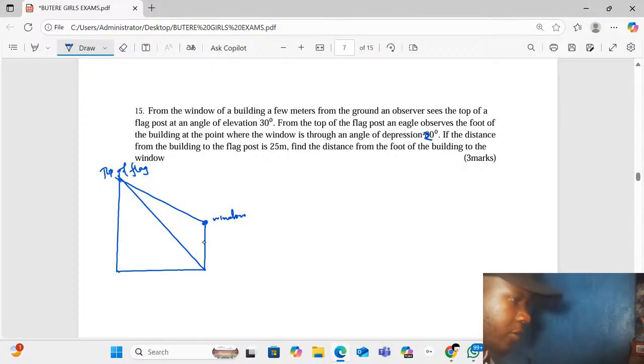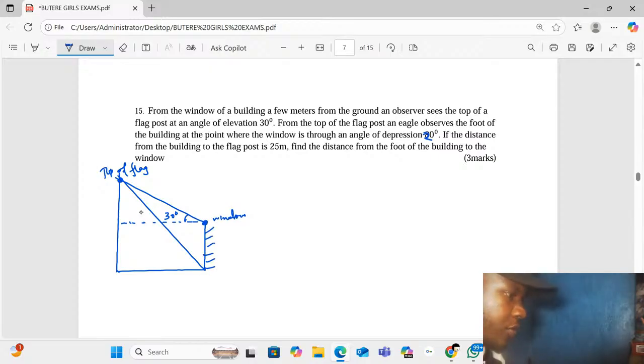Now, while here at the window, this person can see the angle of elevation. You can have the angle of elevation to be 30. So we have 30 degrees here. Then an eagle, while here at the top of the flag, can see the bottom of this, which is now the wall.